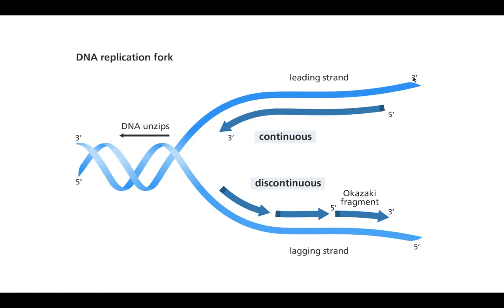So the leading strand can be continuously built, where the replication of this exposed DNA on the leading strand is going to be matched, where G's are matched with C's, and T's are matched with A's, and C's are matched with G's, and A's are matched with T's.